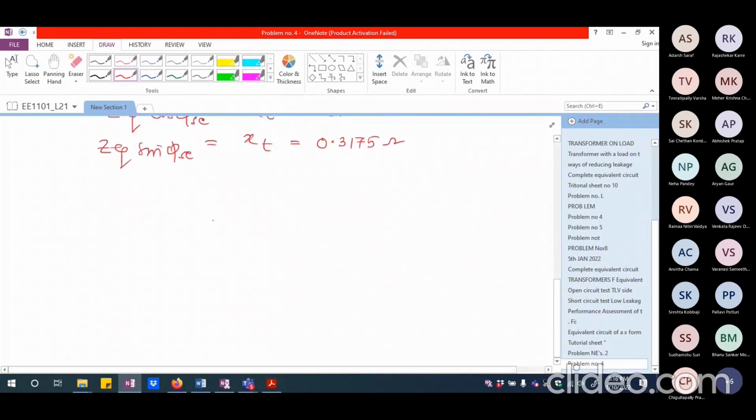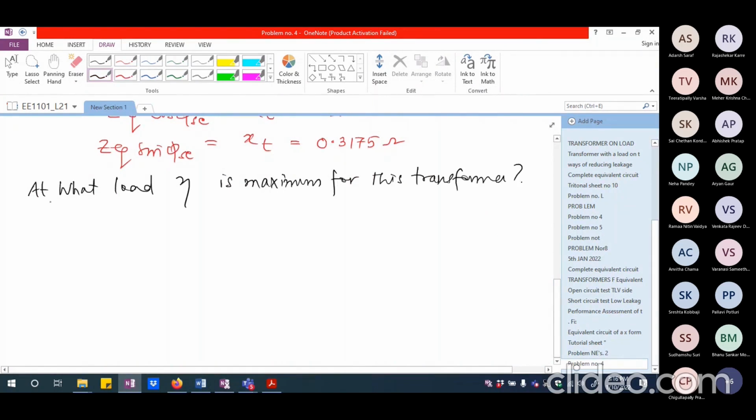Let us try to do this further. Let's say at what load efficiency is maximum for this transformer. Let's try to just do that for this particular transformer.